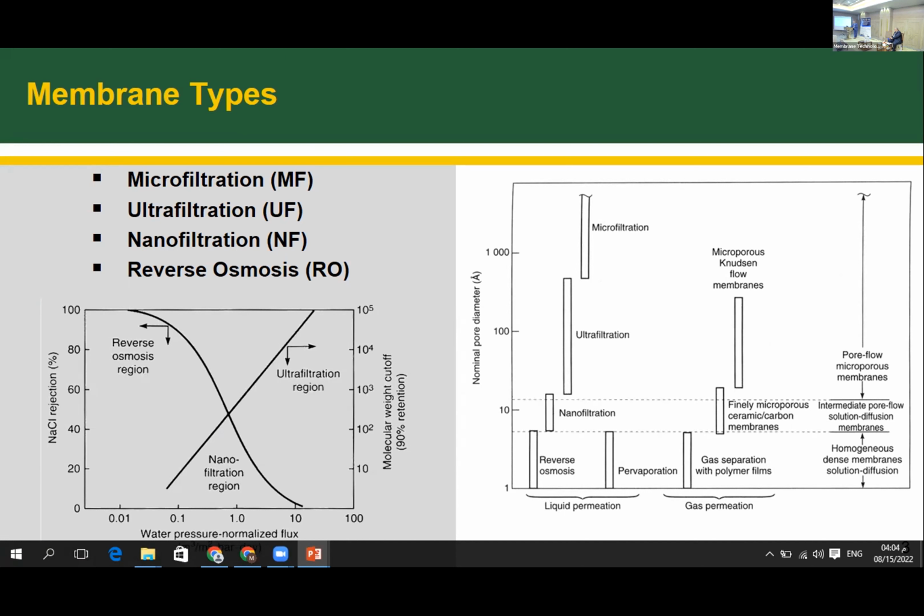Ultrafiltration region on the right-hand side, on the left-hand side on the top the reverse osmosis region, and finally the nanofiltration region on the bottom. The figure on the right-hand side just shows the normalized pore diameter. And again, I'm sure most of you are familiar with that, if not more expert than me, those ranges of the pore size, basically the average pore size.